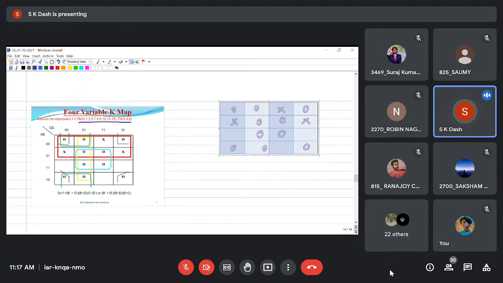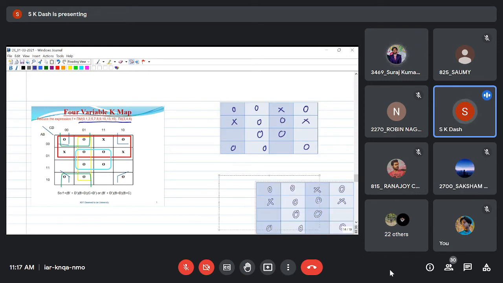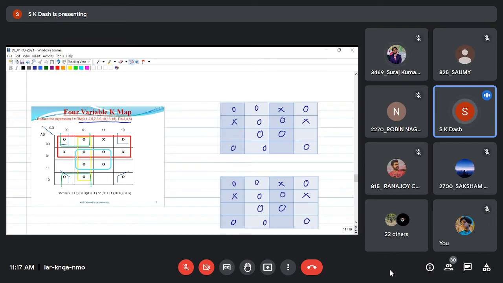Any octet possible? Yes, one octet is possible. This can be an octet. Any quad possible? This can be a quad. This can be a quad.